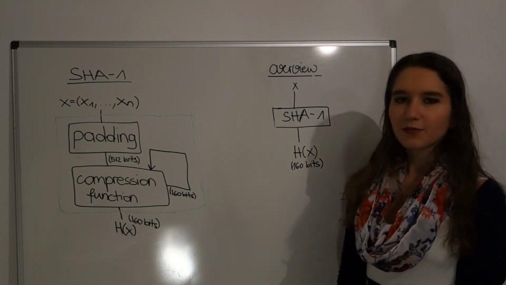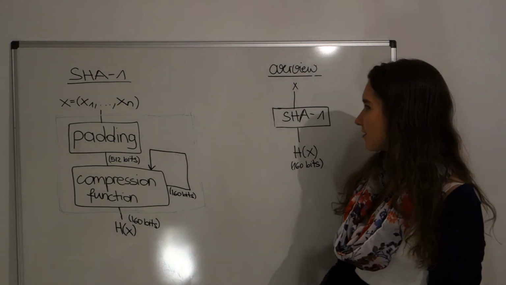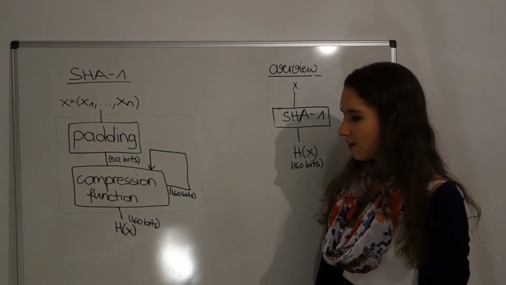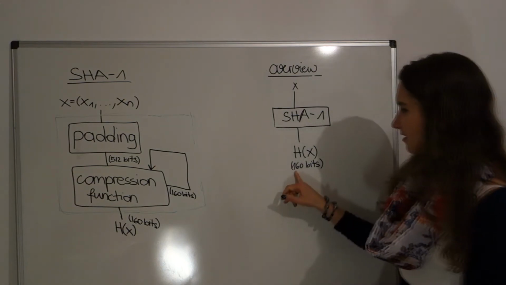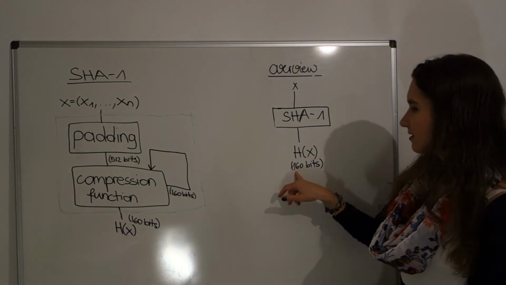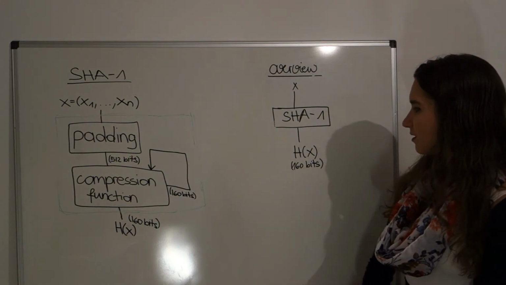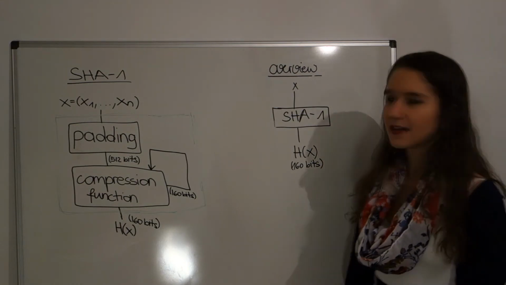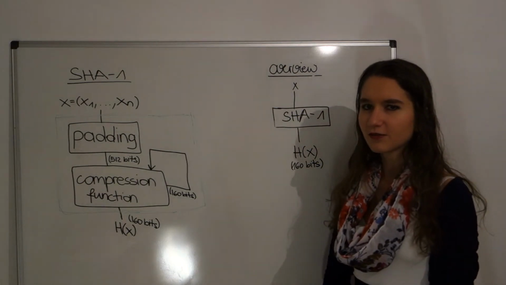So there are some properties that our hash algorithm, like SHA-1, should have. As already said, it should have an output of a fixed length, and this length of the output should be shorter than the length of the input we do the hashing with.